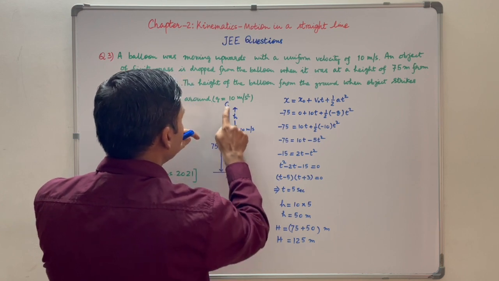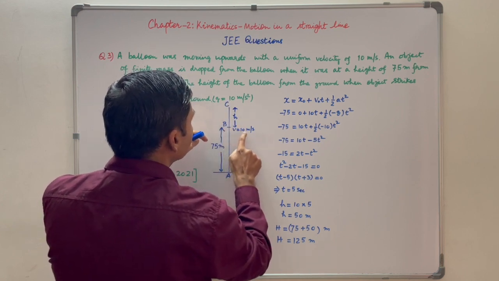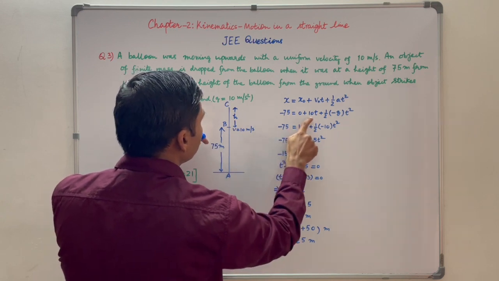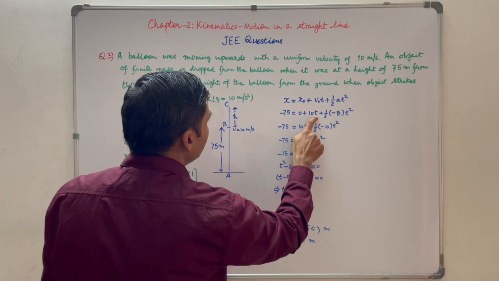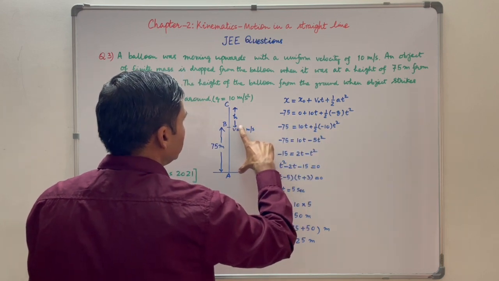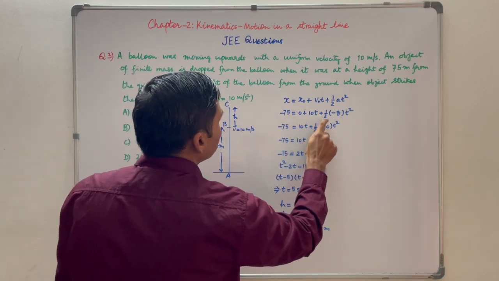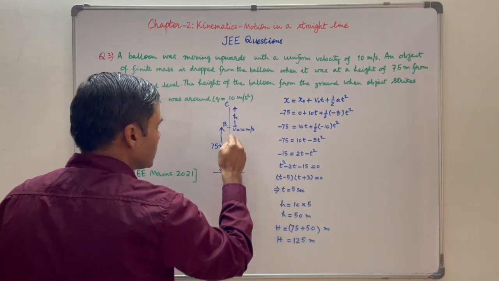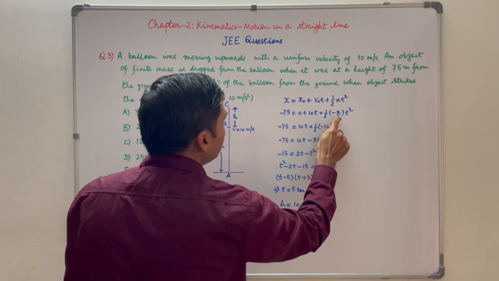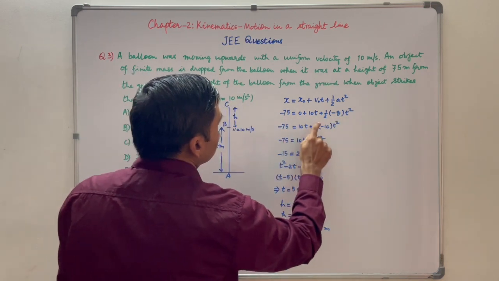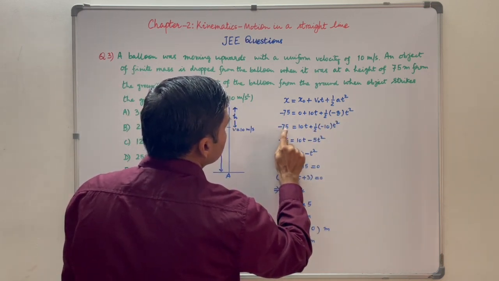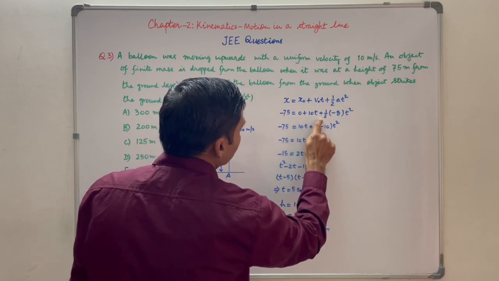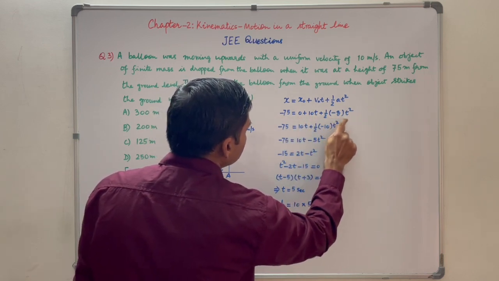Since the balloon is going up, the velocity will be taken as positive, which means the initial velocity of the object is positive, that is 10 into t, the time taken by the object to reach the ground, plus 1 by 2, a is minus g, because the object is coming down, so g will be taken as 10. So it will be minus 75 is equal to 0 plus 10t plus 1 by 2 into minus 10t square.